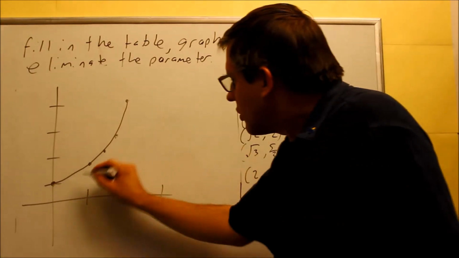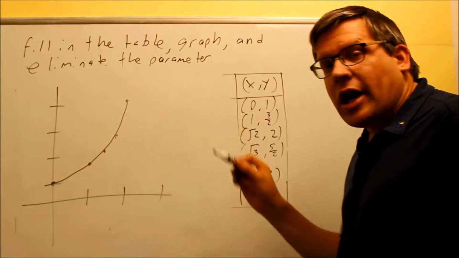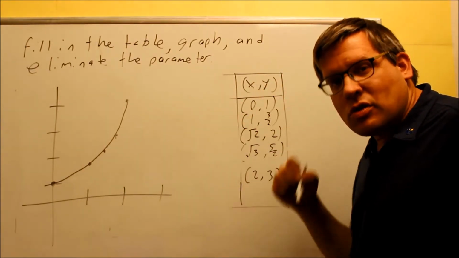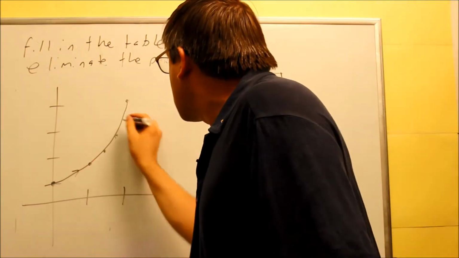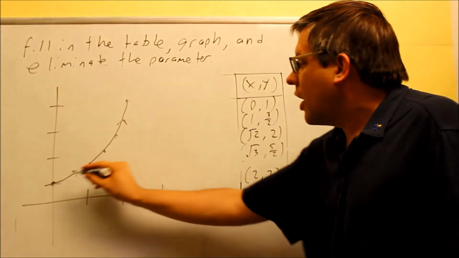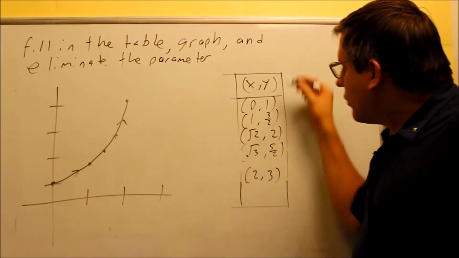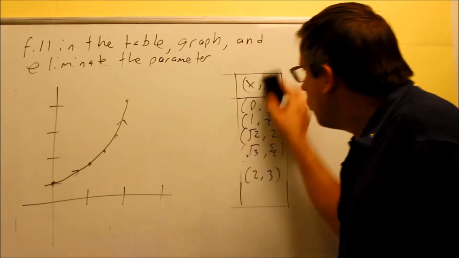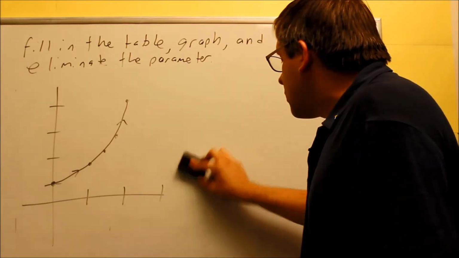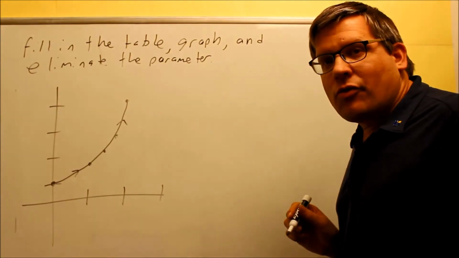So here, this is the graph, and we notice that we started here, and the graph went this way. We had our t values from smallest to largest, and that was the direction that the point went. So I got these little arrows on it indicating that that's the direction of movement. So that would be the graph that would go along with these set of points. Now that's complete. We're ready to eliminate the parameter, and we'll see what kind of graph that we get from this.